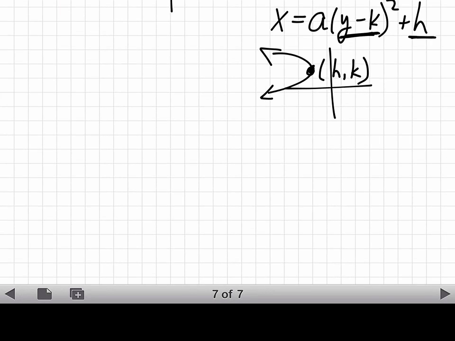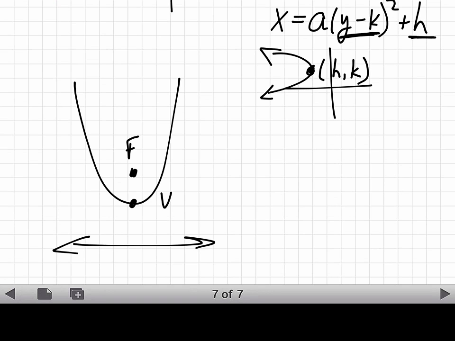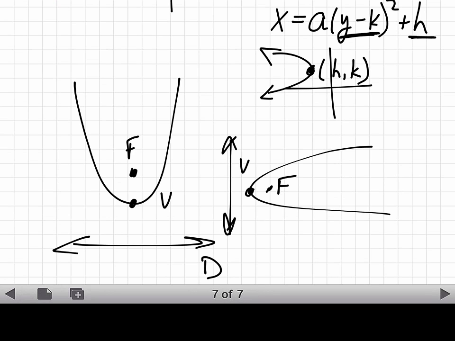Finally, in the case of any parabola, there's a focus, a vertex, and a directrix. This is vertically oriented. If it was horizontally oriented, we'd have the vertex, the focus, and the directrix. And now we can throw in a picture of the axis of symmetry. I don't know how much we need that, but it's there.